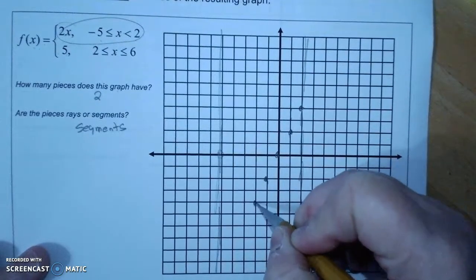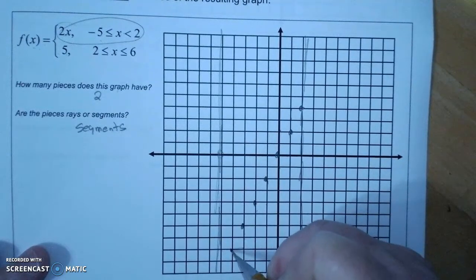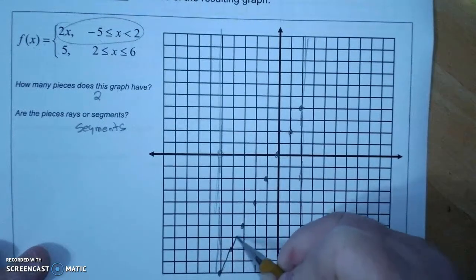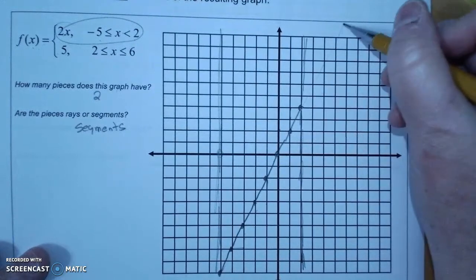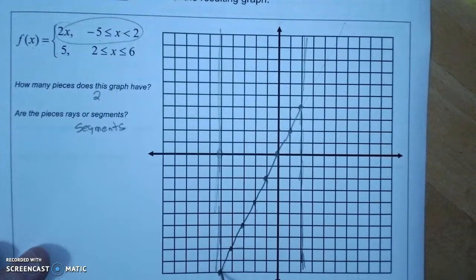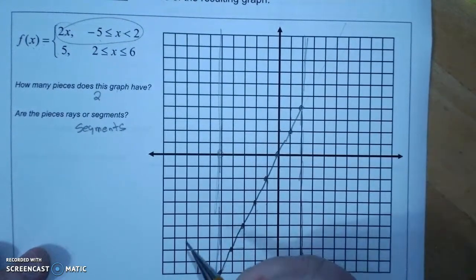We're going to graph just like normal, and then we're going to connect it. This actually continues on, correct? But because it says go from -5 to 2, we don't graph this part.